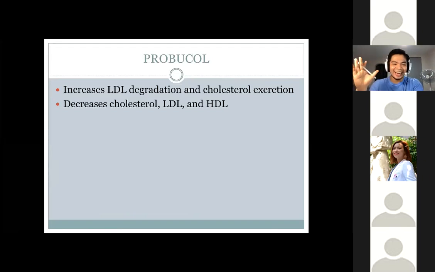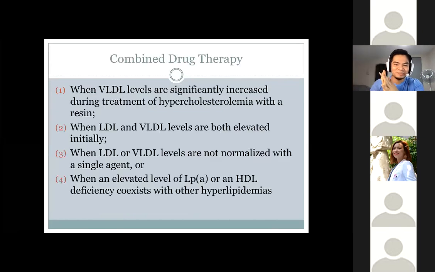And then, last slide. Last slide, combination therapy lang naman. Actually, maiintindihan nyo to pag na-grasp nyo, hopefully, yung mga diniscuss nating actions ng mga hypolipidemics. So number one, when VLDL levels are significantly increased, we can use resins. And then when LDL and VLDL levels are both elevated initially, we can combine certain medications that address LDL and VLDL.